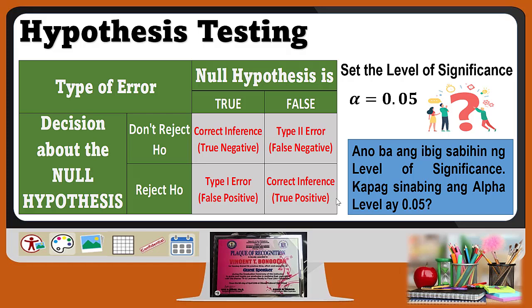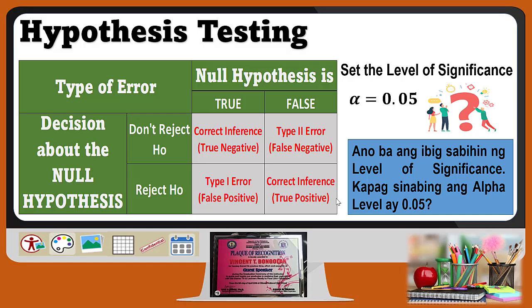Nakukuha nyo guys? So, ibig sabihin, yung magiging desisyon daw ng judge sa pag-accept and reject ng null hypothesis ay 5% lamang. So, 5% lamang yung magiging desisyon ni judge na masasabi nating mali yung desisyon niya.